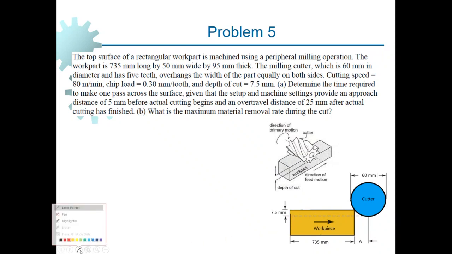What does that mean? It means that we need to consider 5 mm on this side, from here to here, 5 millimeter extra, and also a greater length on the other side in order to clear the top face. So it comes to 25 in here and also 5 mm in the beginning.